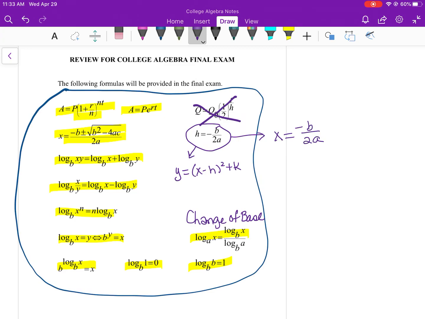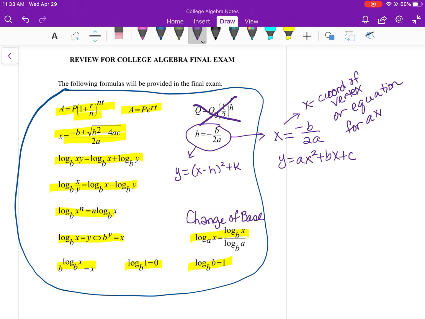It's how you're going to get the x-coordinate in a parabola. It's also the equation for your axis of symmetry. So that formula is given to you as well.